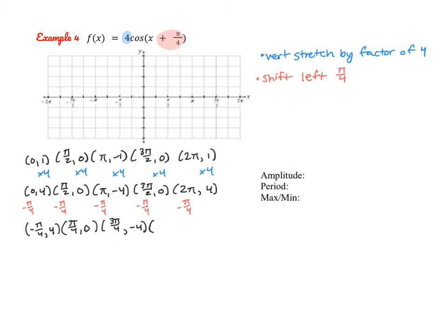Here we have 3 pi over 2, which is here, and then we're subtracting 1/4, so it's actually 5 pi over 4, and then 0, right? It's pi plus that 1/4, so 5 pi over 4. And then this one, we have 2 pi, which is 8 pi over 4, minus 1 pi over 4, so that gives us 7 pi over 4, 4.